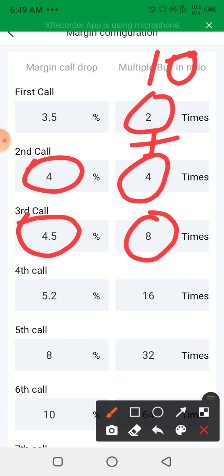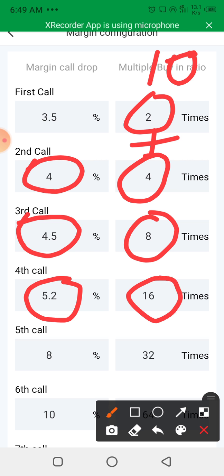All right. Then if at the fourth call, if it drops 5.2%, buy 16 times. 16 times 10 for me. Okay.